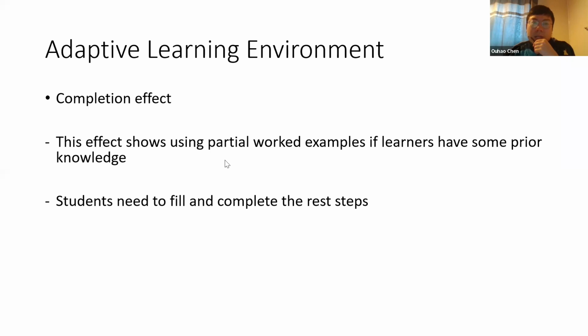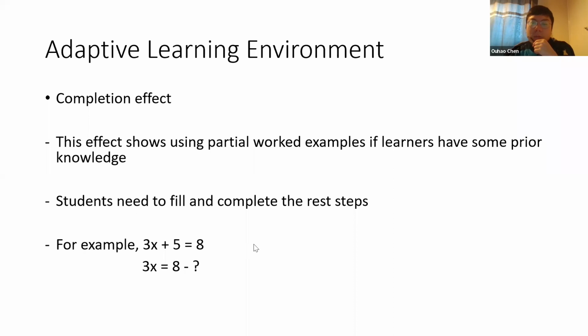So how are we going to design the partial worked examples? The students need to complete some steps of the math problem. For example, to solve this equation, I give some information about the solution, and I ask students to complete the rest of the solution.